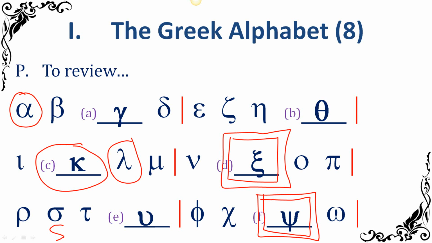One more time. Alpha, beta, gamma, delta, epsilon, zeta, eta, theta, iota, kappa, lambda, mu, nu, xi, omicron, pi, rho, sigma, tau, upsilon.